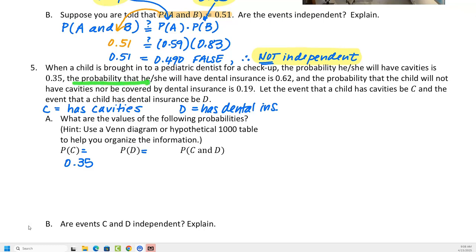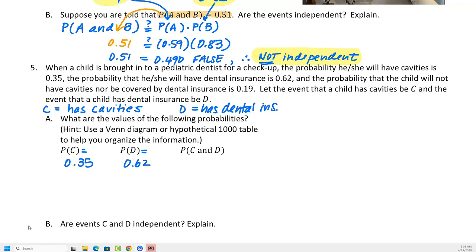Yep, the next phrase is the probability that he or she has dental insurance is 0.62. The probability of C and D, do they tell you the probability that the child has dental insurance and has a cavity? They didn't quite give us all that information. They didn't tell us C and D, did they? Okay, so we're going to have to make a chart in order to do this.